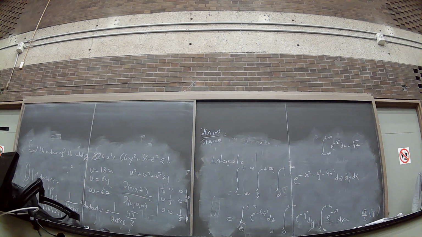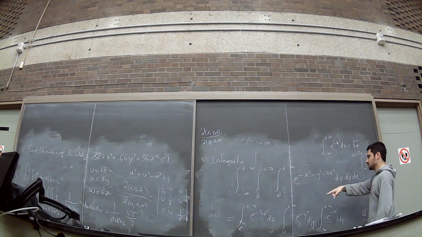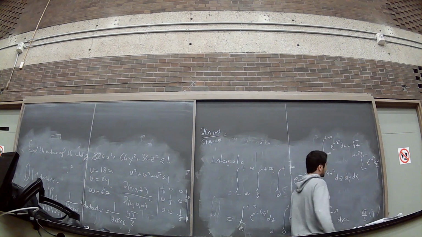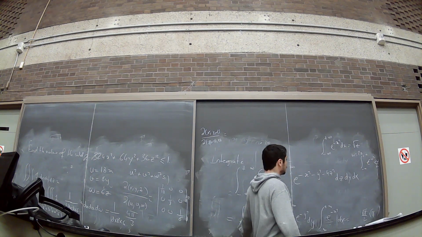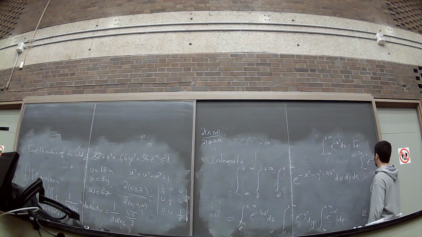And for the last one, what can I do? I can do a change of variables. So write w is equal to 2z. You get integral from minus infinity to infinity of e to the minus w squared. What is dz? dz is dw over 2. Right? And so you get, this is root 5 over 2, right?